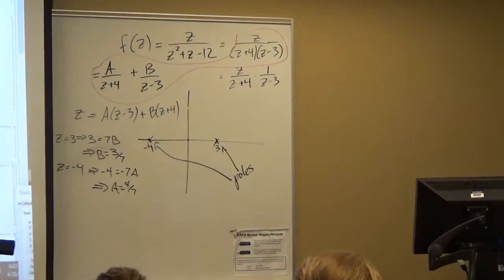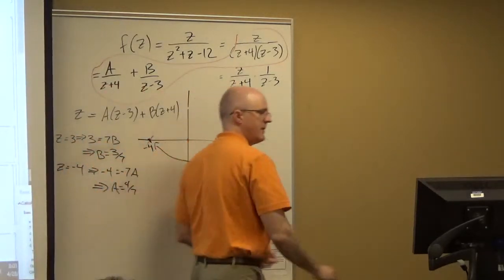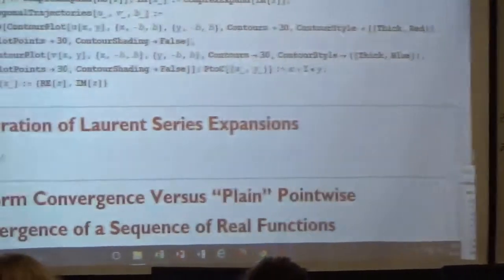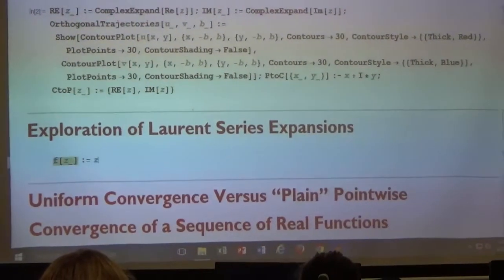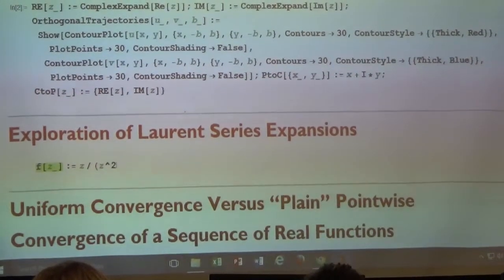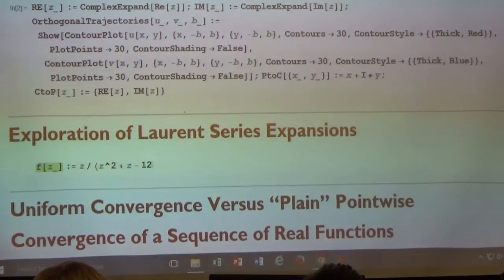We can check this on Mathematica symbolically with the command apart. Let me go ahead and enter the function here. I'll enter it the way I originally wrote it, as z over z squared plus z minus 12.